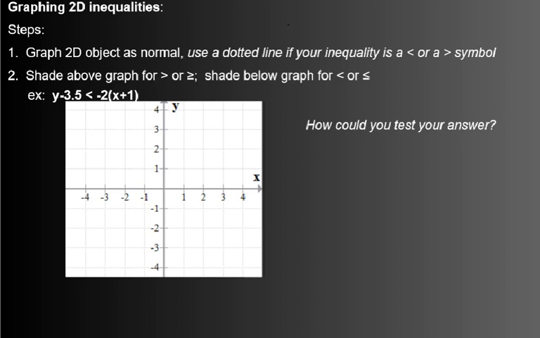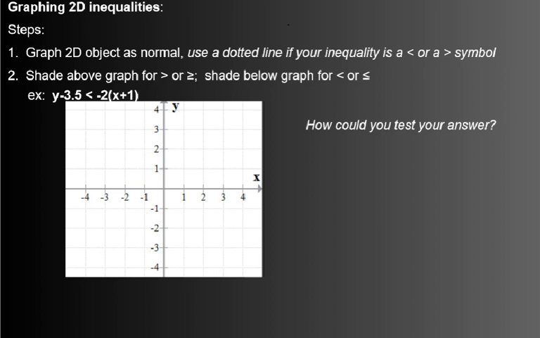So what I really want to talk about today is just graphing these 2D inequalities. The idea is pretty straightforward. Basically, whatever I give you, you're gonna graph the 2D object just as normal. And the only thing you've got to be careful of, this was on that common mistakes assignment, is that if the inequality is a less than or a greater than symbol, you need to use the dotted line because it doesn't equal that object.